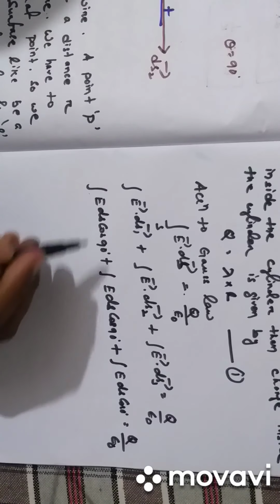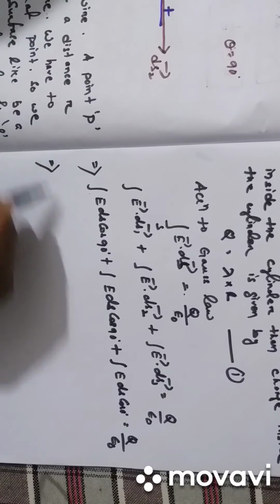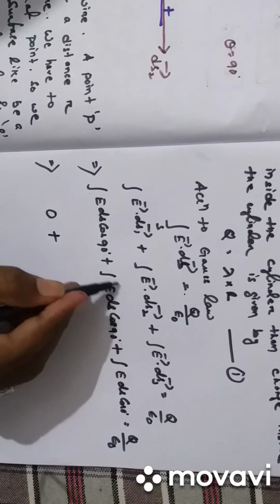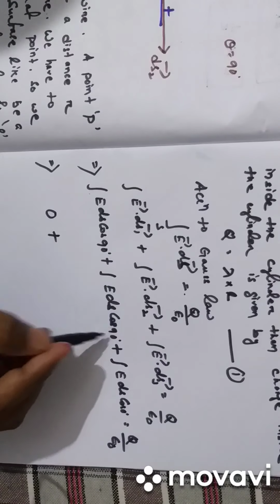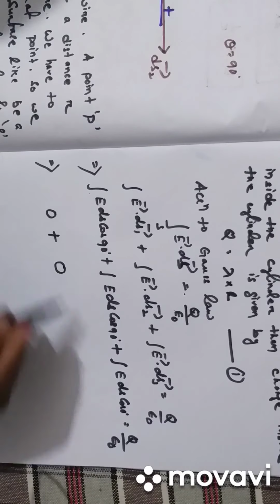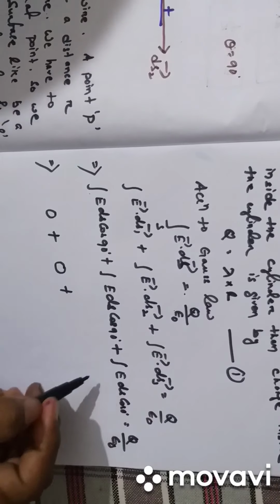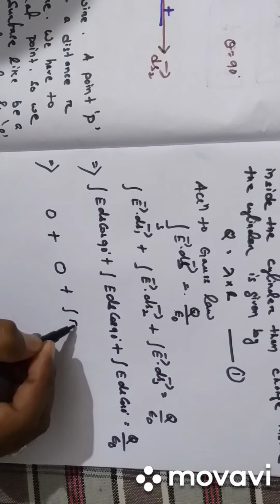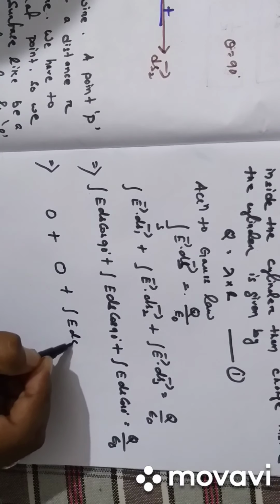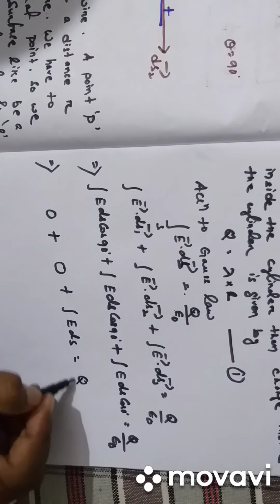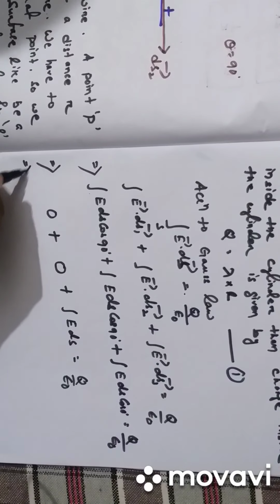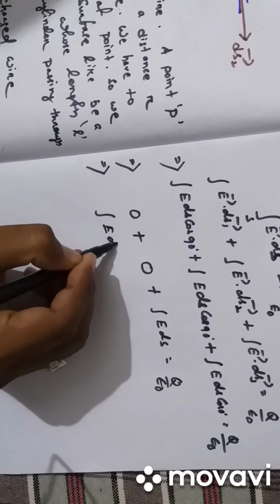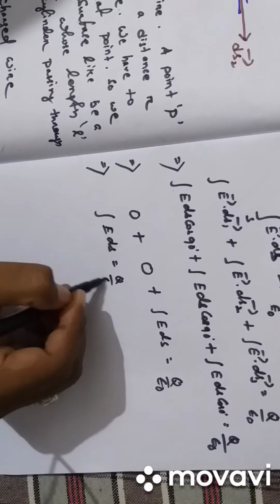We know cos 90 is 0, so the total quantity becomes 0, plus in the second surface cos 90 is 0, that is also 0, plus in the third surface cos 0 is 1, so it can be represented as the integration of E ds equal to q by epsilon naught.